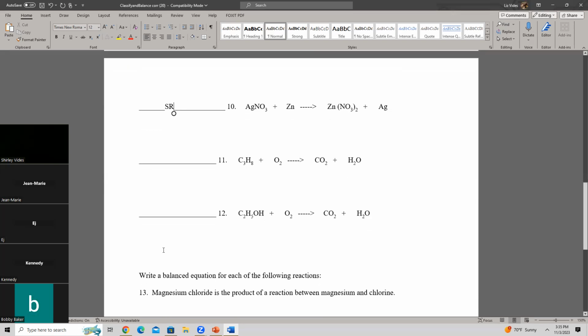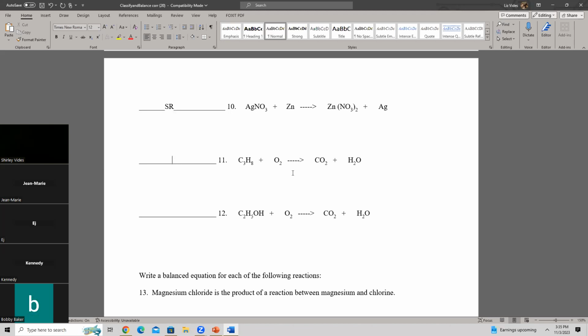All right, number 11. What does that one show you? This is where you have to remember the things that we learned when we were looking at the PowerPoint. Decomposition? This is not a decomposition, because we have two things on the left. So it didn't break up. It is doing something else.